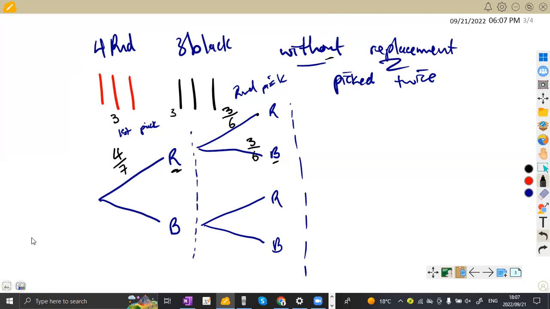Exactly, the total is affected because the picked red is no longer there. Previously, if you cross-check, your black was supposed to be 3 out of 7, but it's no longer like that because one marker has been removed. Are you getting the sense, guys? Yes, we are. All right, so that is okay per this condition.